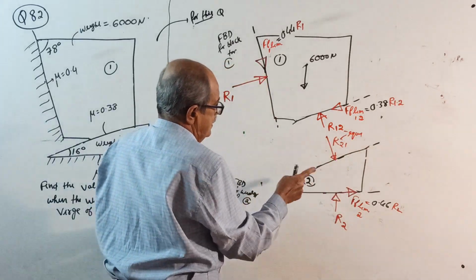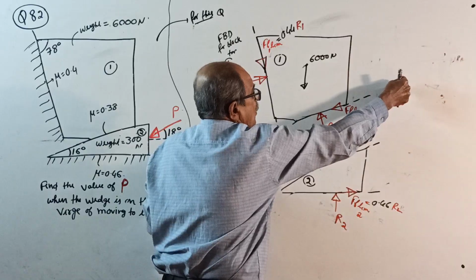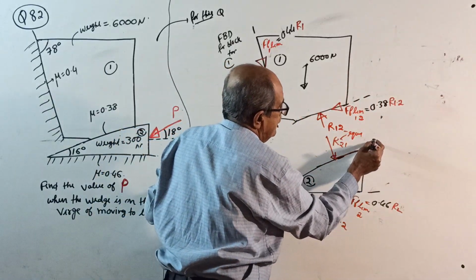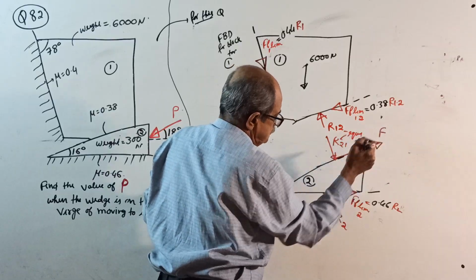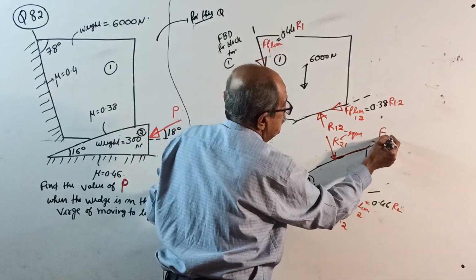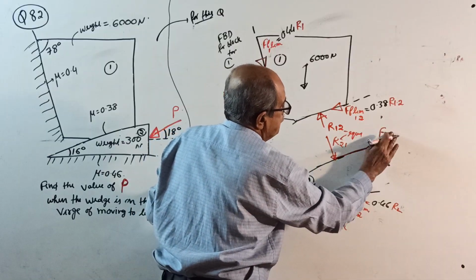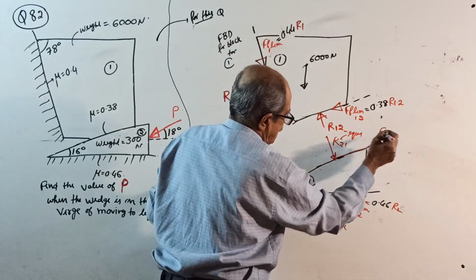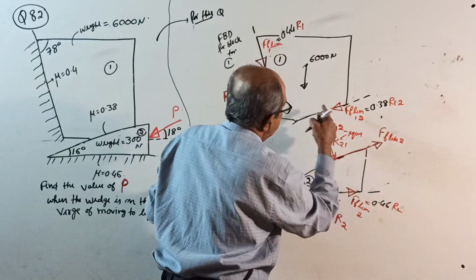And see, there is a friction this way, so relatively a friction this way. This is the friction force for 2, FF limit, for 2 from 1.